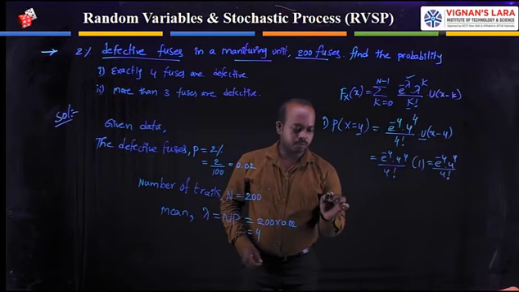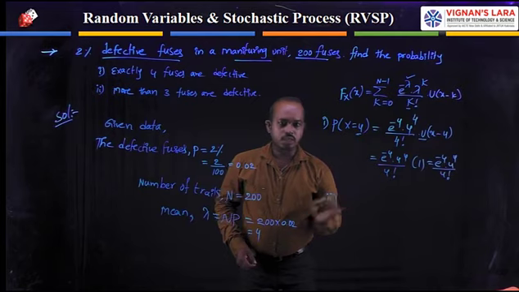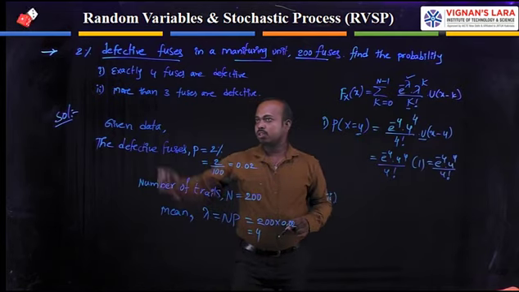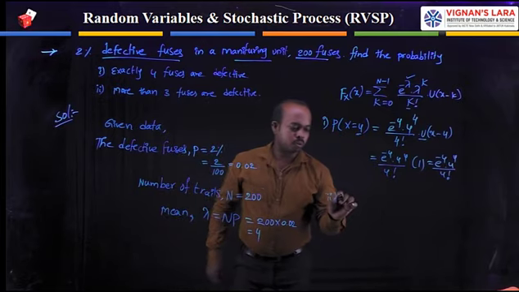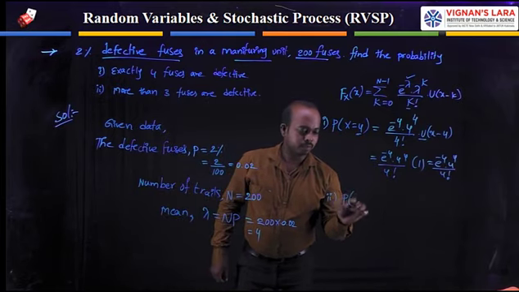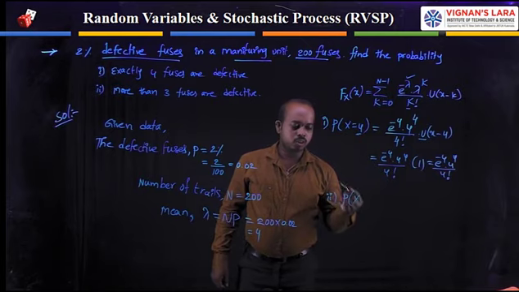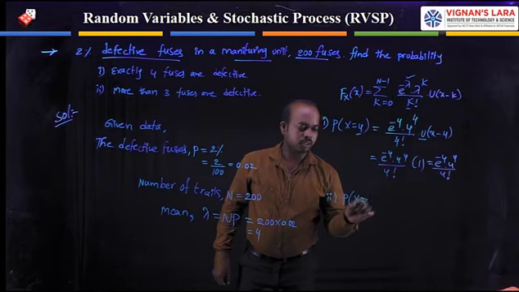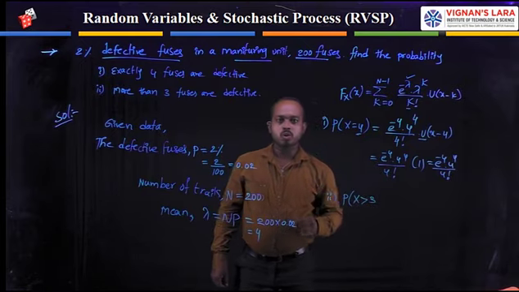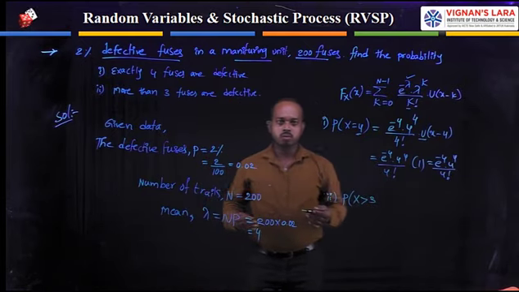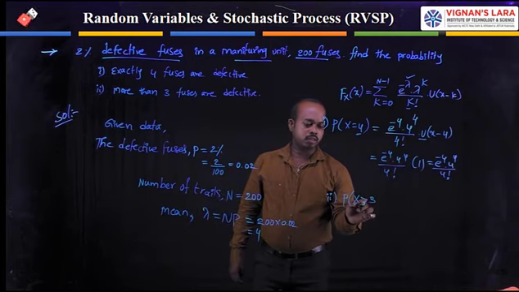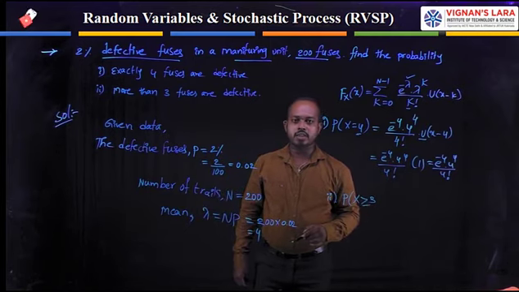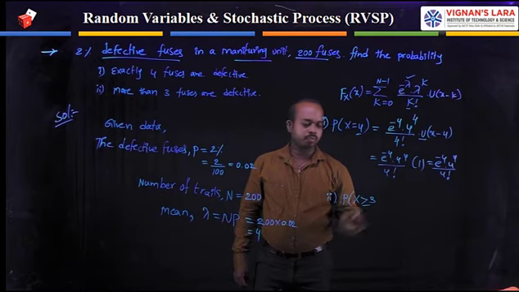Coming to the second one: more than 3 fuses are defective. For this one, you write the condition of the probability for capital X. More than 3 means it is equal to 3 and more than 3, so you take x greater than or equal to 3.